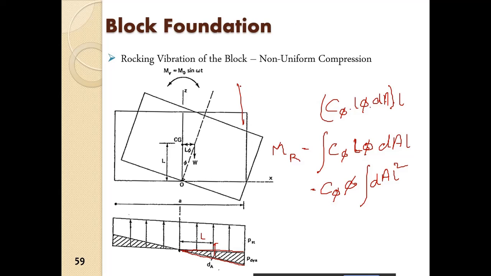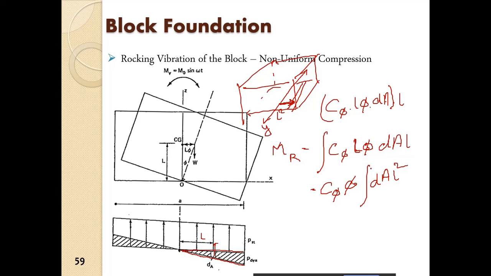So if we have the foundation in this manner, and we have the y-axis, and we have a strip here, all right. So dA into the radius of gyration, so this is L square, the square of the radius of gyration.